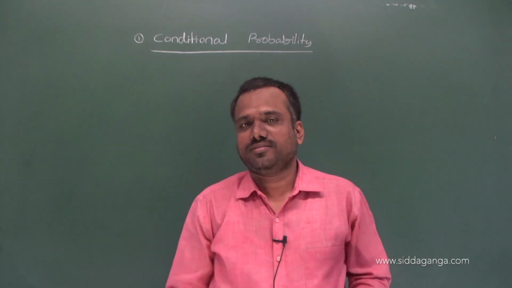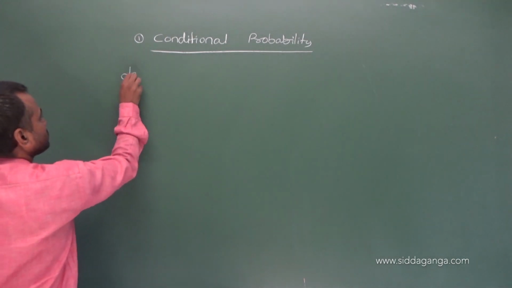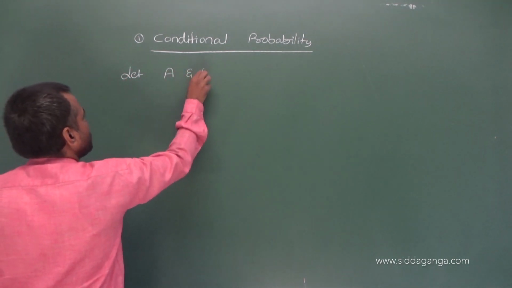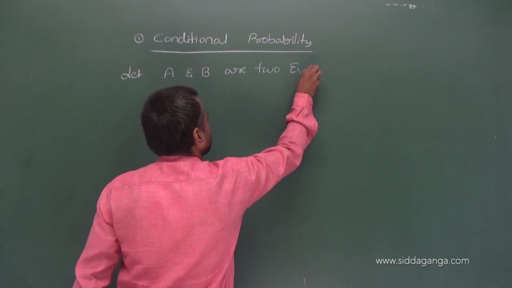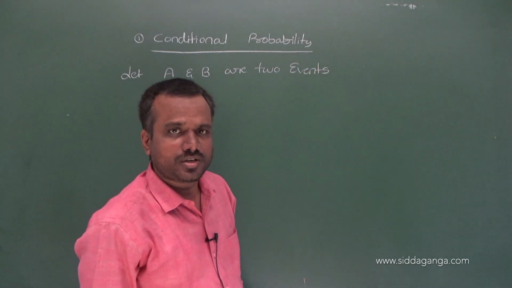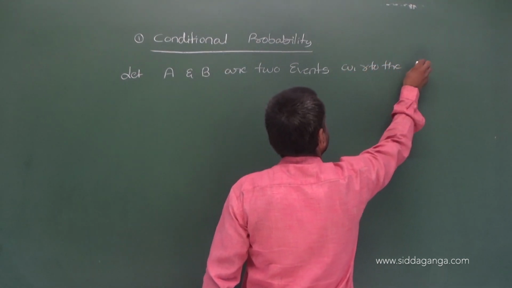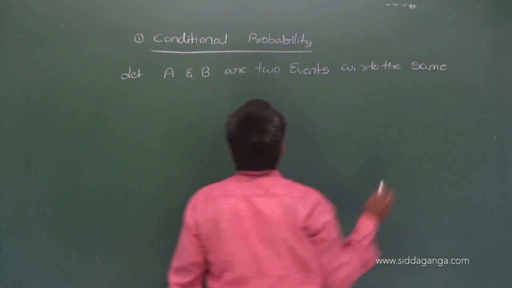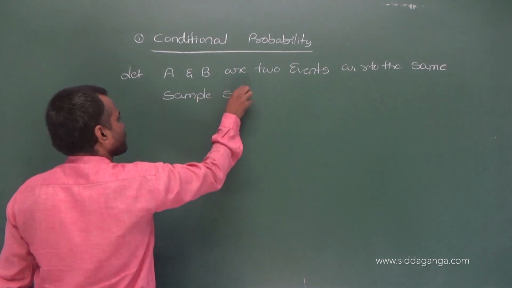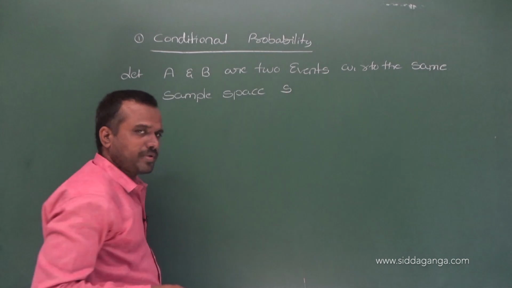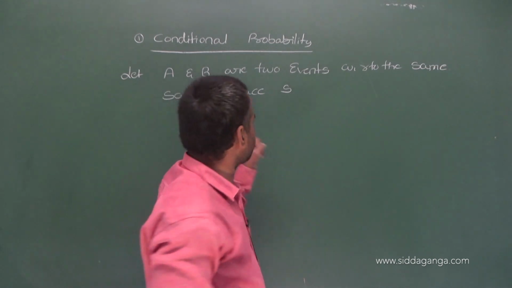Conditional probability means what, sir? Observe here. Let A and B be two events with respect to the same sample space. That means these two events came from the sample space S only.